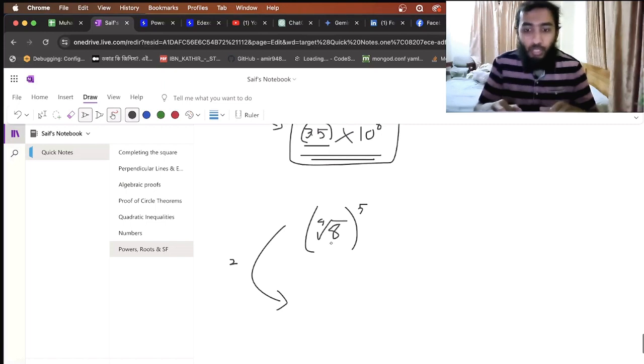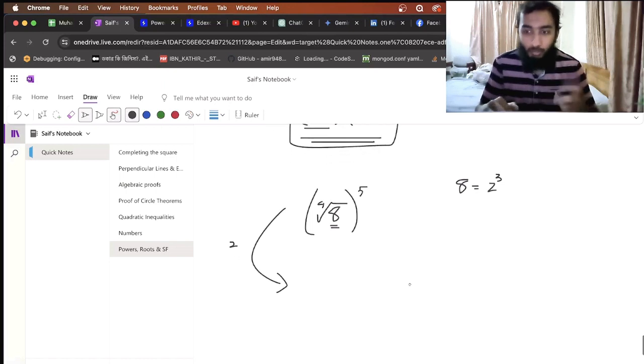We know that 8 is 2 cubed. If you multiply 2 thrice, 2 multiplied by 2 multiplied by 2, you get 8. So we can write 2 cubed, and it has a fourth root. The fourth root means the power is 1/4. And this whole number has a power of 5. We know that if there is a power over another power, they multiply.